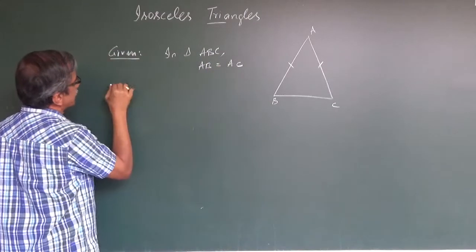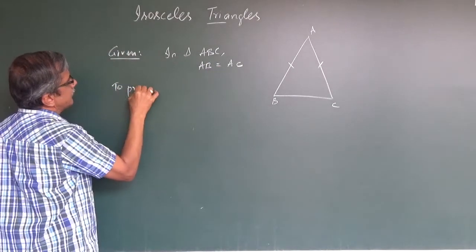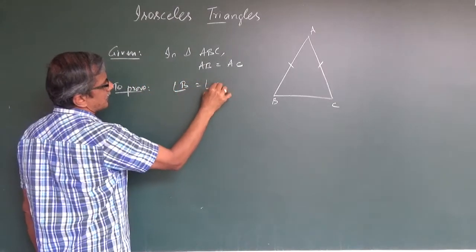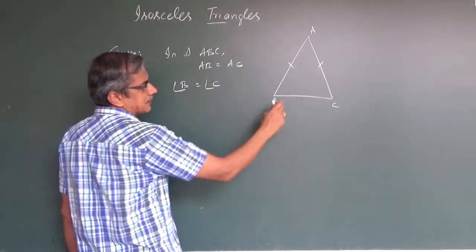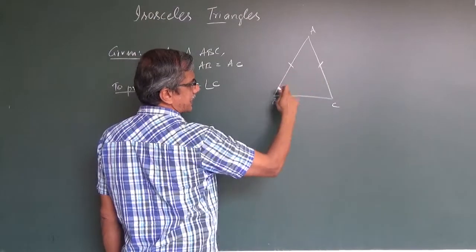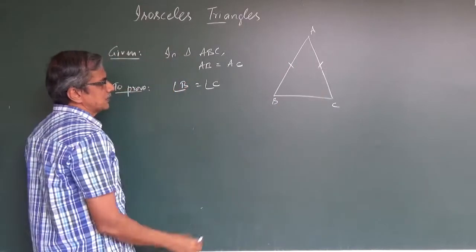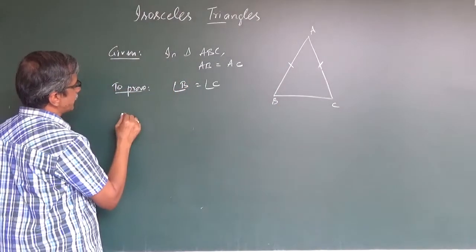Two sides are equal, that is given. I have to prove that angle B is equal to angle C, the angles opposite to these sides.